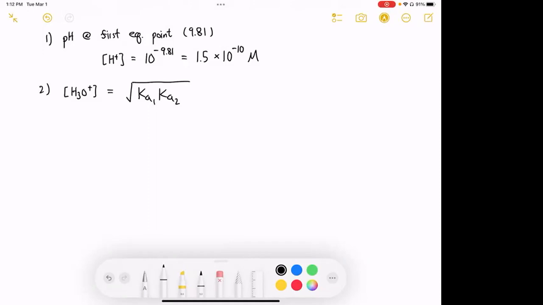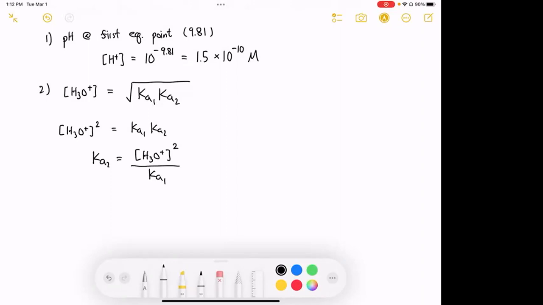So if we square both sides, we get H3O plus squared equals Ka1 times Ka2. So then our Ka2 will equal our H3O plus concentration squared over our Ka1. In this case, our concentration is at the first observed equivalence point, so that's when we form bicarbonate ion.